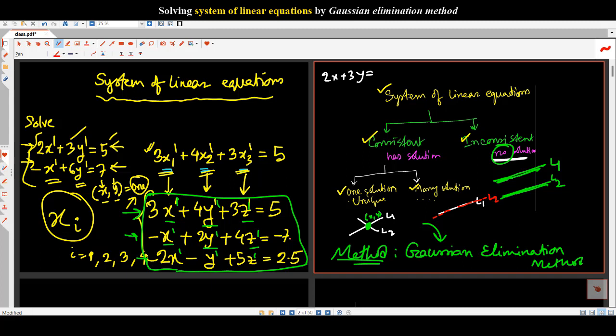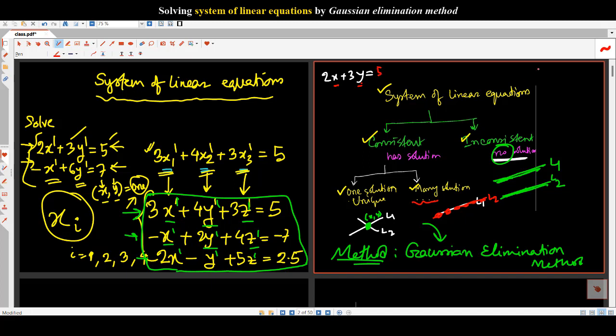So it means the lines are coinciding on one another. At that time there will be many intersecting points, so you will get infinitely many solutions. So this is about equations with two variables, x and y.